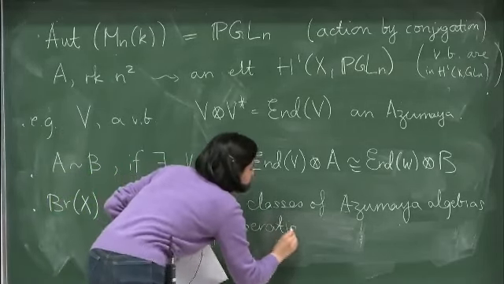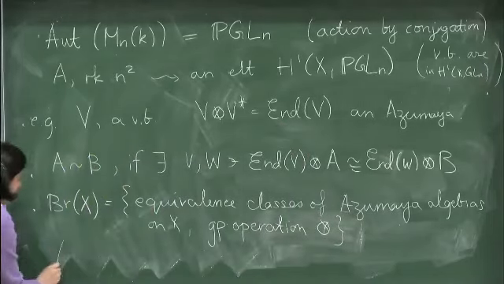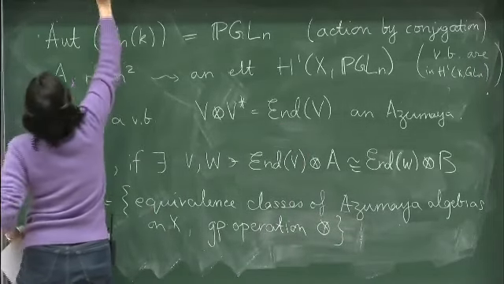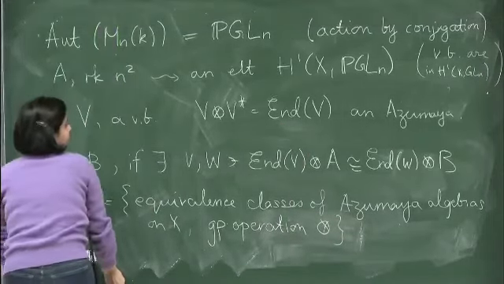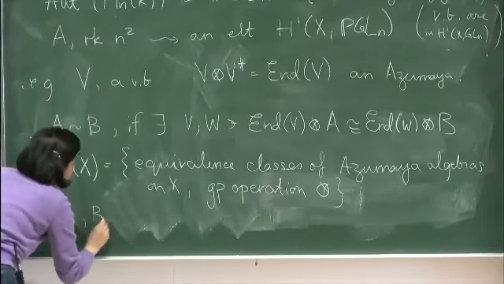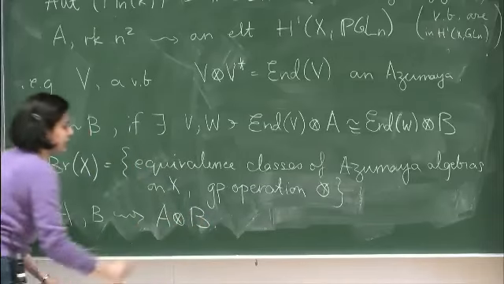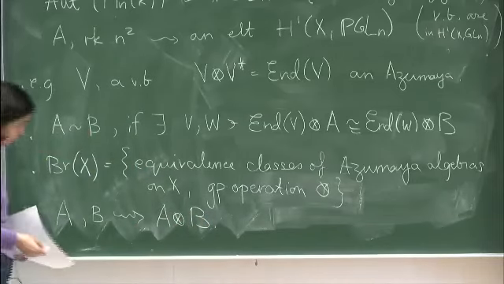I'm sorry I didn't mention that before, but if you take one Azumaya algebra A and another one B, then you can create a third one by taking A tensor B. So they actually form a group.